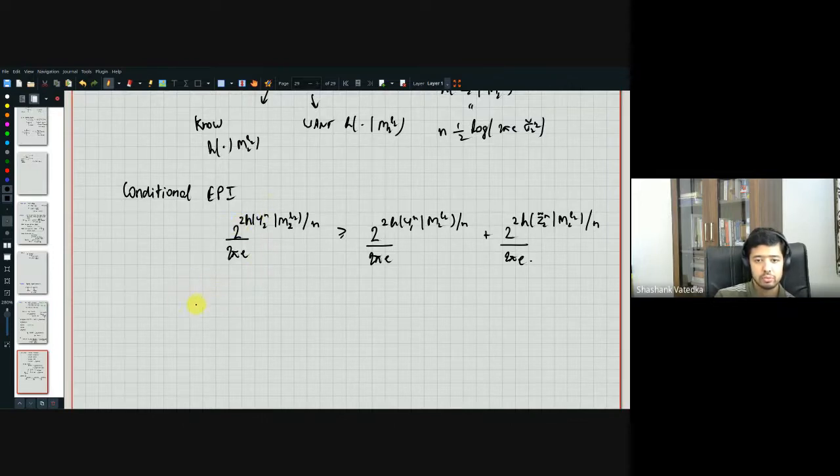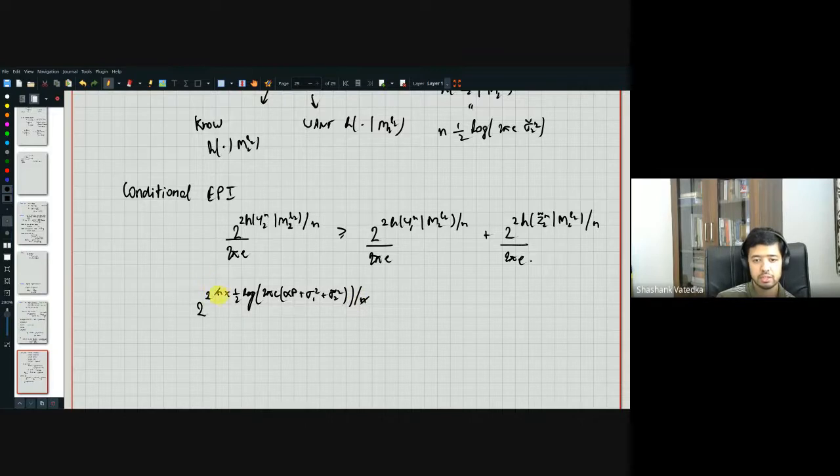So this is 2 to the 2 raised to n times half log 2 pi e times alpha p plus sigma 1 square plus sigma 2 tilde square, divided by n.